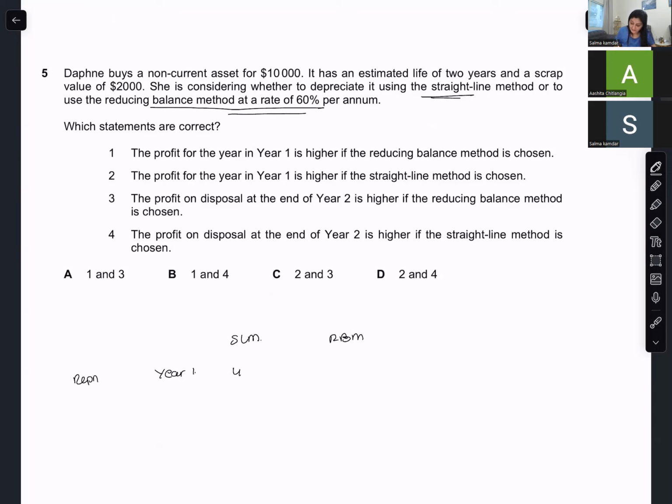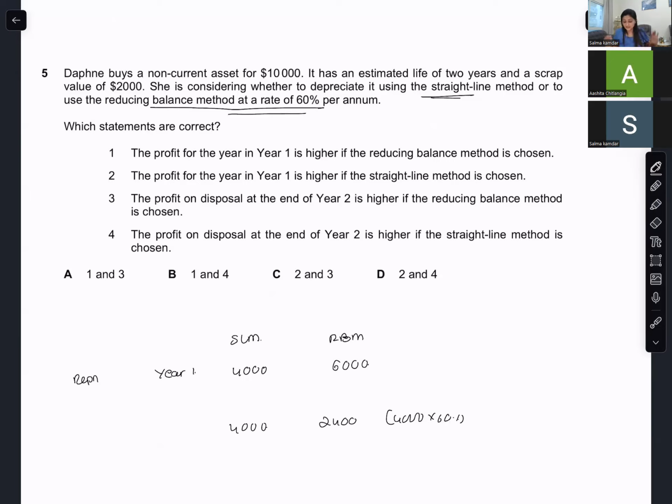Depreciation charge for the first year would be 4,000 and for the second year would be 4,000. But if I am doing as per reducing balance method, its first year would be 6,000 and for second year it would be 2,400.